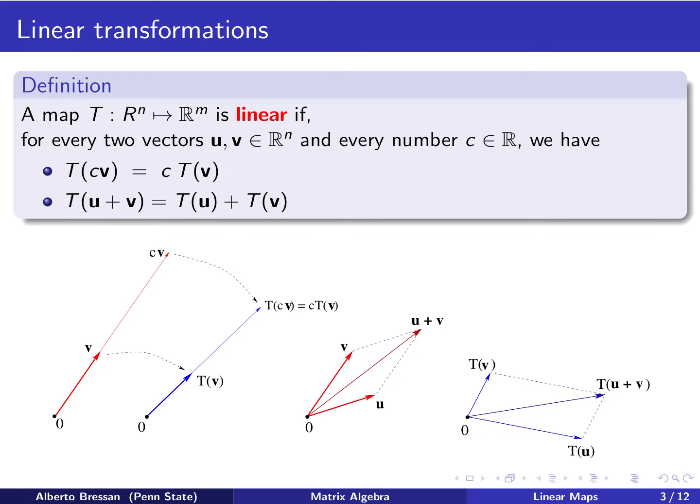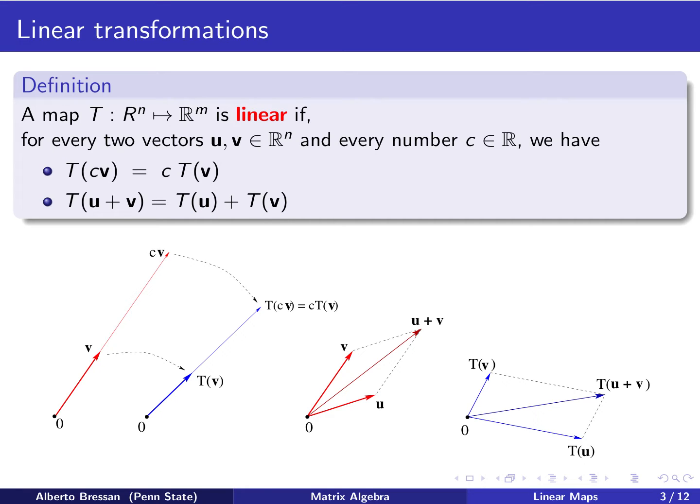If you multiply the vector v by a constant c and then take the transformation, it equals the transformation of v first, followed by the scalar multiple of c. Second property: if you add u with v and take the transform of the summation, it equals the summation of transforming each.